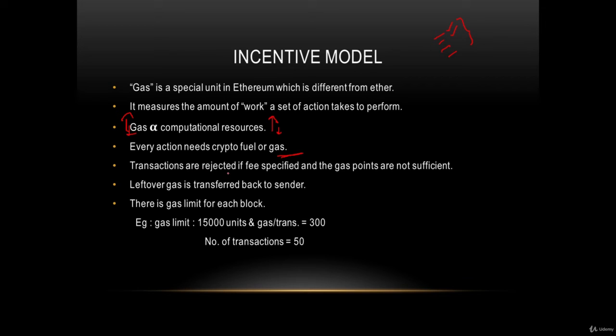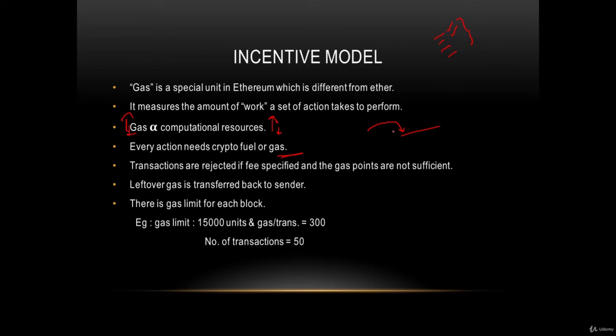Transactions are rejected if the fees specified in gas points are not sufficient. So obviously a transaction will be rejected if the fee specified for it, or the gas points, is not sufficient. Firstly the miner will validate how much computational power is needed for it. Then he'll check it against the gas. If it is less or insufficient, then the transaction will be rejected.